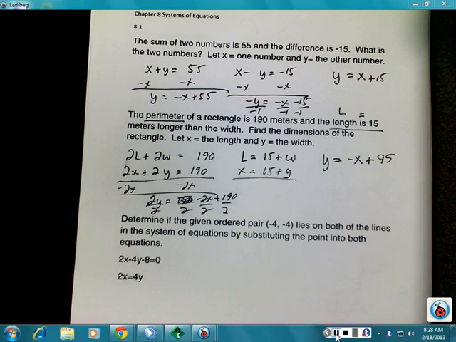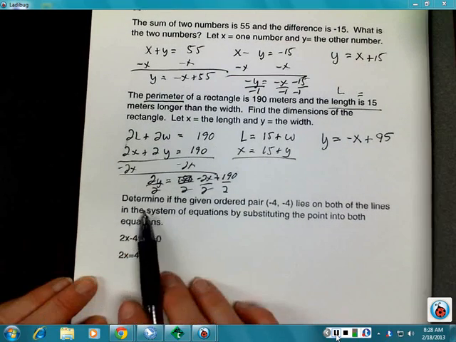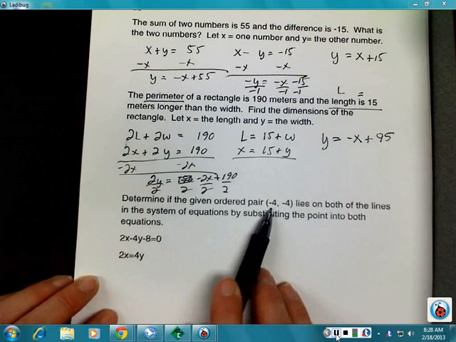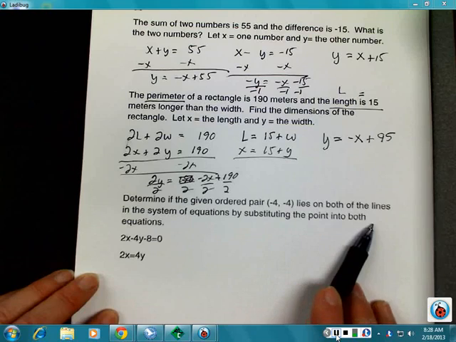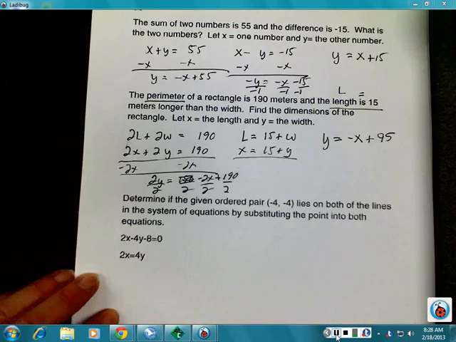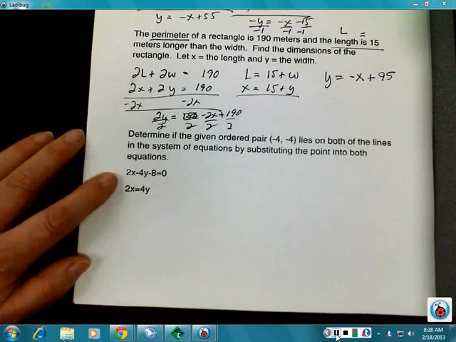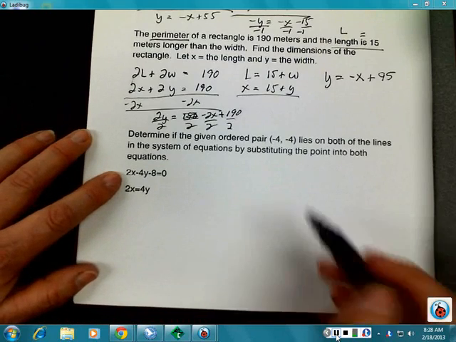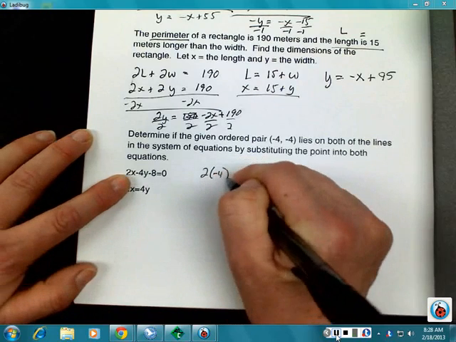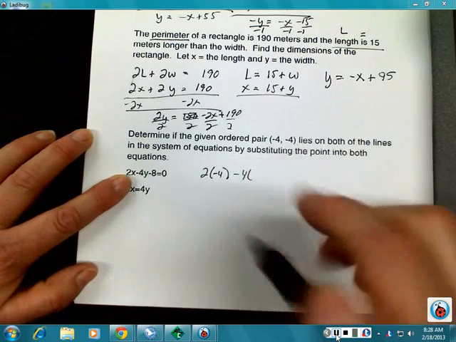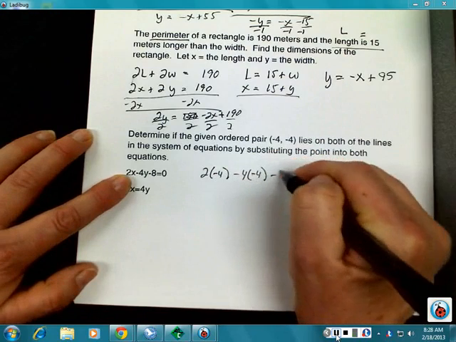Okay. Then the last one was to determine if the ordered pair (-4, -4) lies on both of the lines in the system of equations by substituting the point into both equations. So, is this going to be a true statement? So, -4 goes in for x, -4 goes in for y.